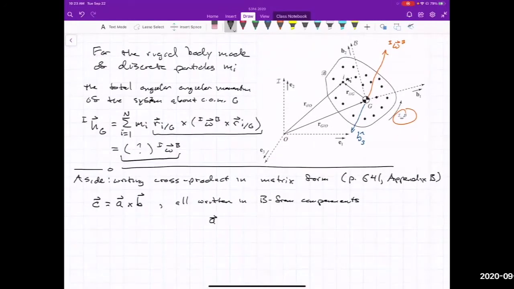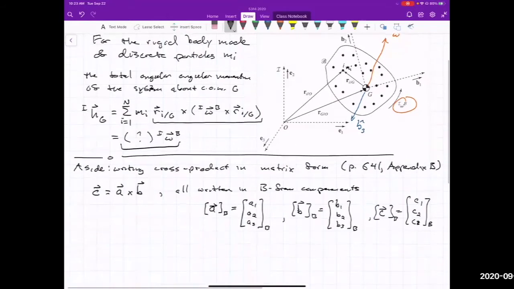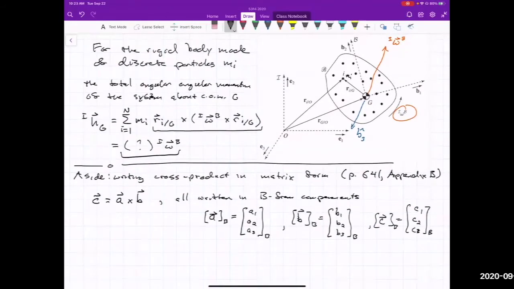So A is A1, A2, A3. It has the 3 components. The B vector has components B1, B2, B3 in the B frame. And vector C, same deal, C1, C2, C3. And we put the little subscript B to remind us these are all B frame components. So C1 is in the b1 hat direction and so on.